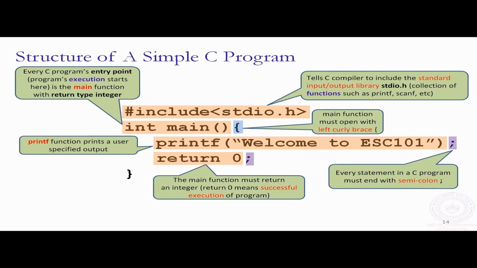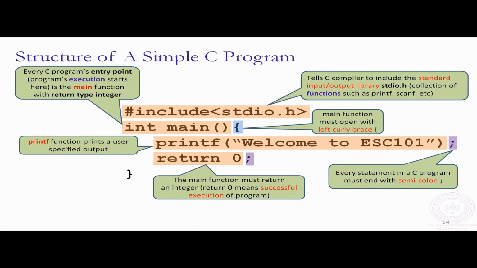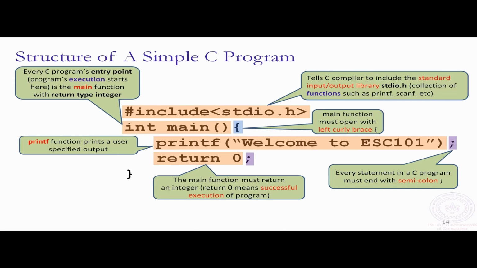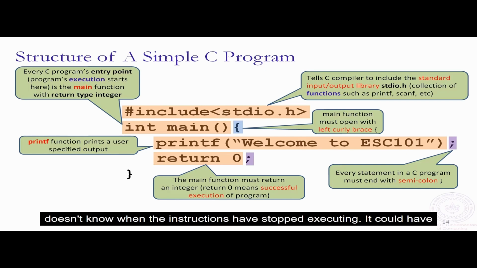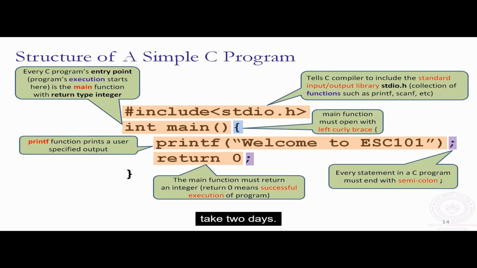So again, this is completely alien to our way of thinking, but think about it from the standpoint of the computer. The computer is given a set of instructions to run. It does not know when the program stopped running. And it's not sentient. It does not have eyes, it does not have ears. It just gets instructions, it executes the instructions, but it doesn't know when the instructions have stopped executing. It could take 2 seconds, it could take 2 minutes, it could take 2 days.